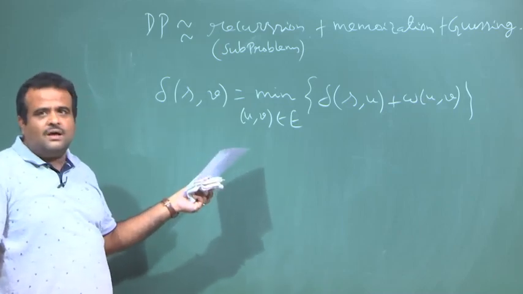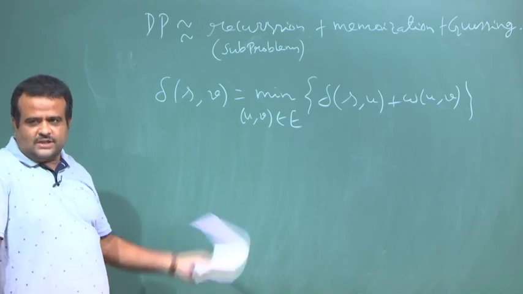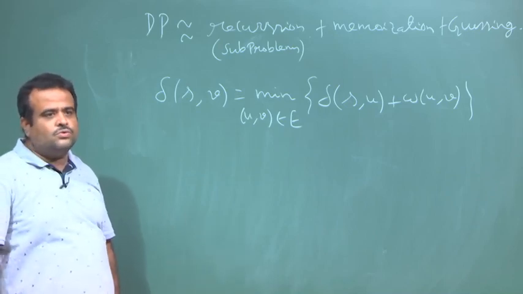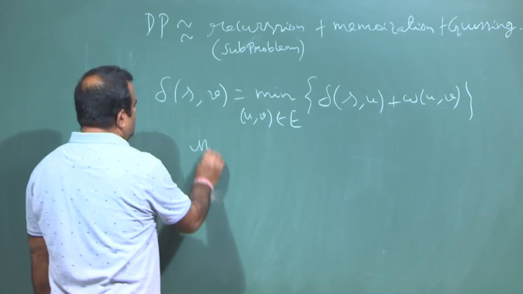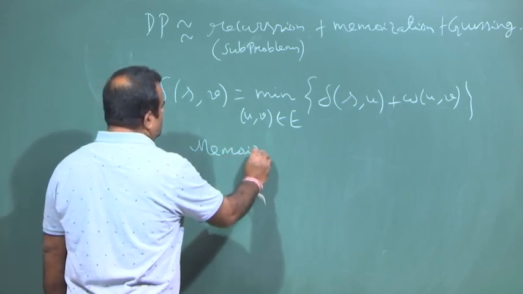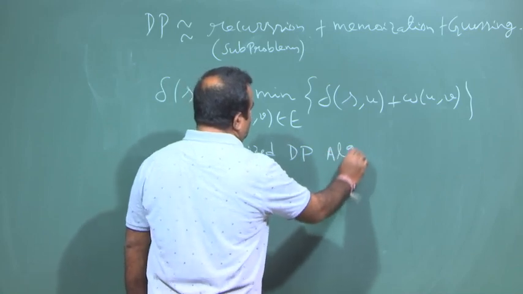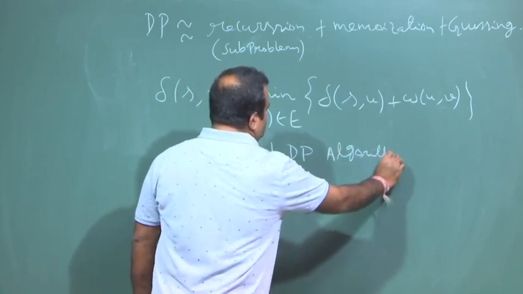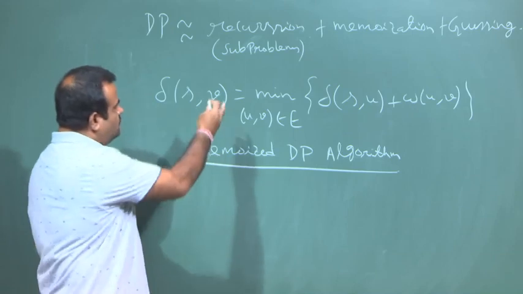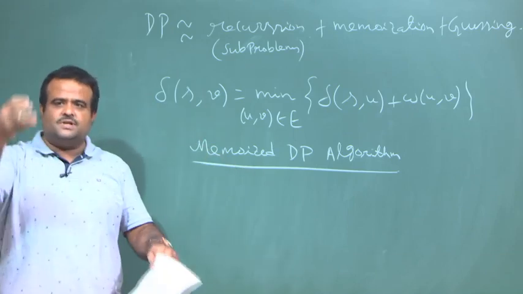So, this is the naive approach, this is the exponential time approach. We want to use the memoized DP algorithm for this. So, that will reduce this from exponential to polynomial.